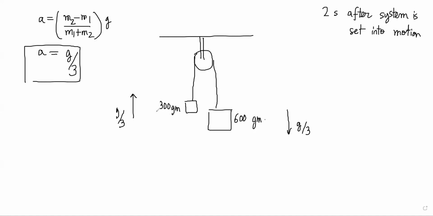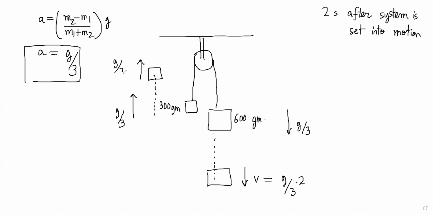At the end of 2 seconds, this will rise some distance and this will fall down some distance, and both the blocks will have some velocity. Velocity would be u plus at, so g by 3 into 2 and g by 3 into 2.